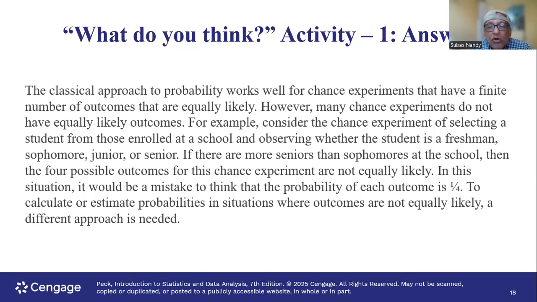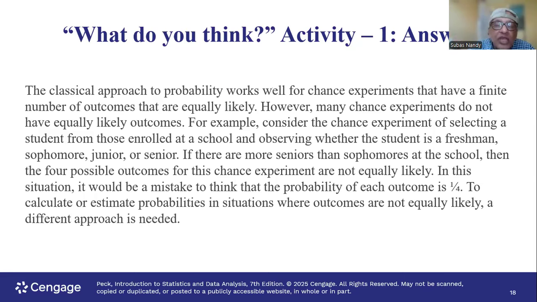If there are more seniors than sophomores at the school, then the four possible outcomes for this chance experiment are not equally likely. Like we discussed before, the number of students in each class is not going to be equal, most likely.